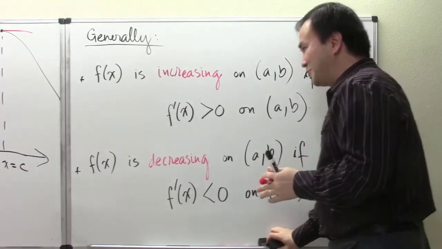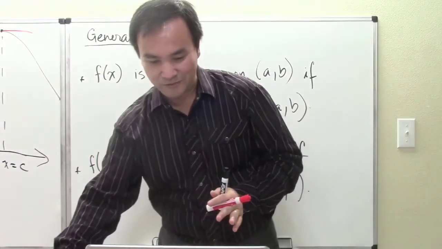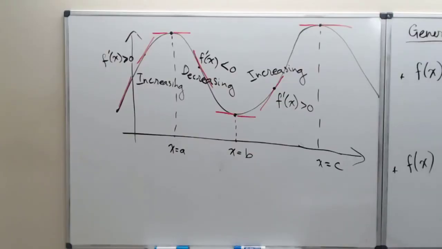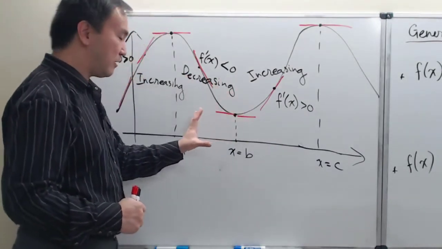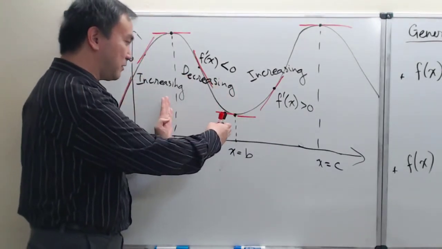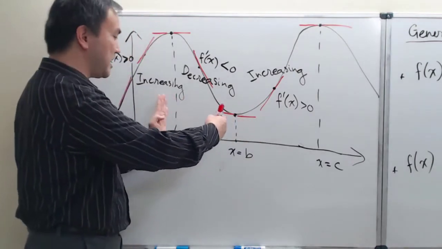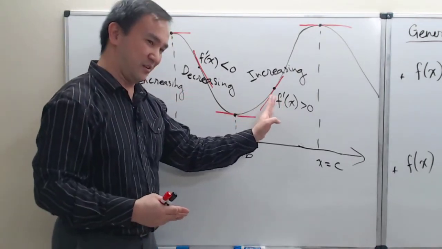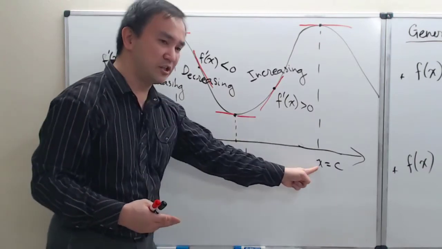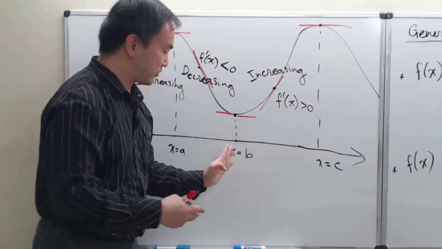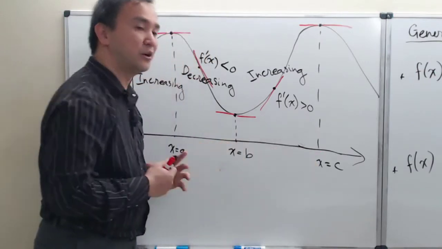I have to re-emphasize again, before I head out to one example, let's one more time look at the graph I had here on my board. You see, increasing and decreasing is a feature that only happens in the interval between any two consecutive critical values.